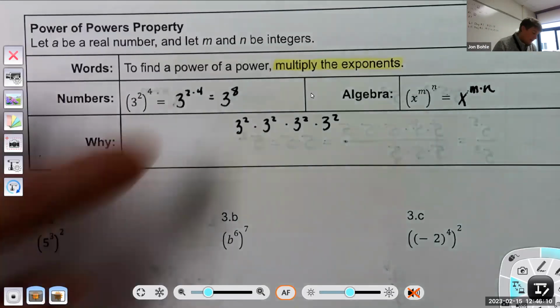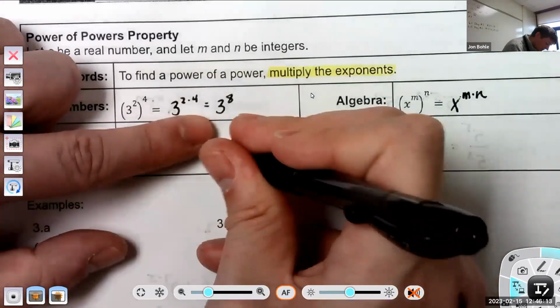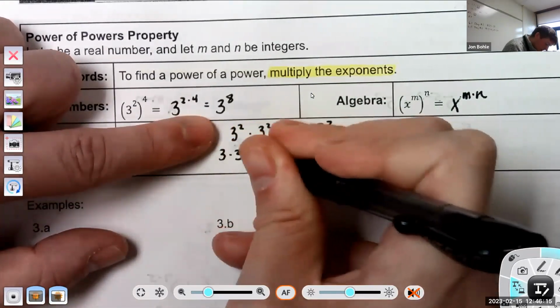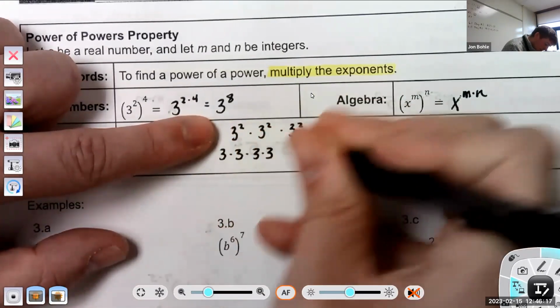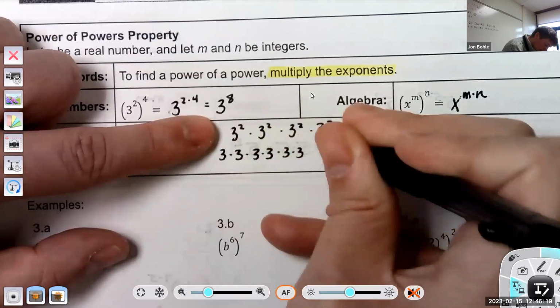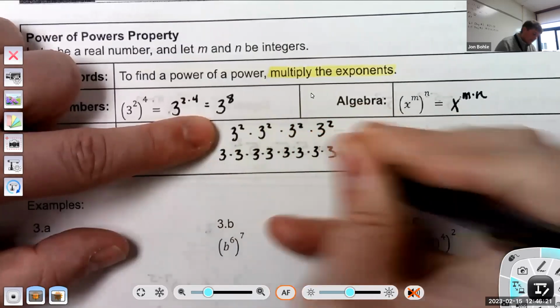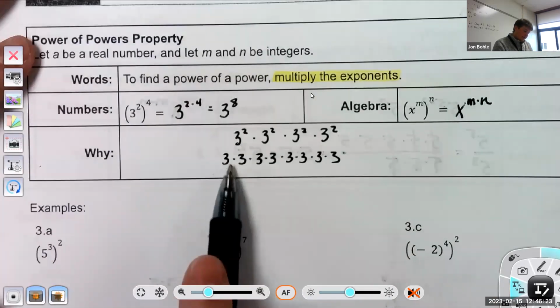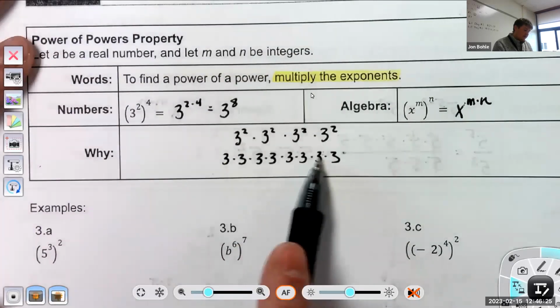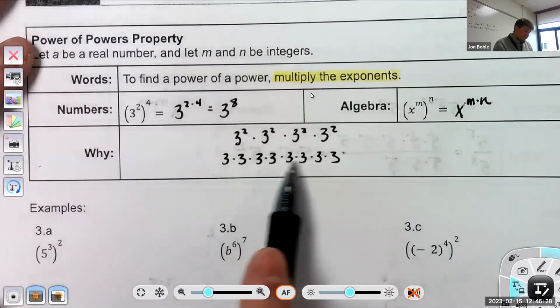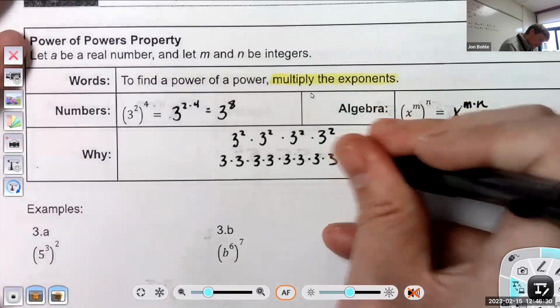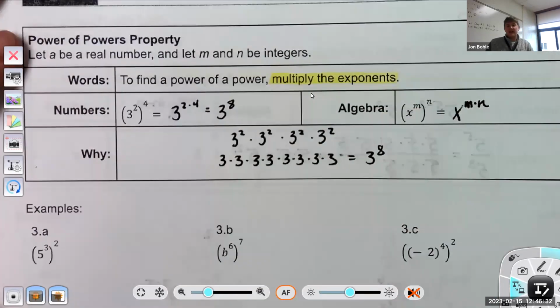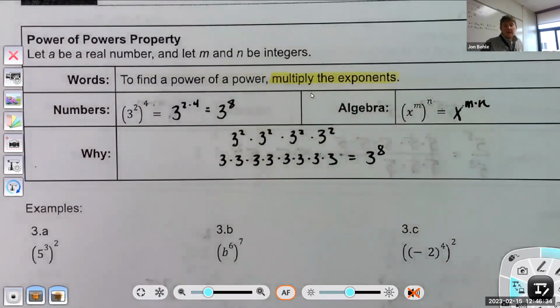So I'm going to break each of these 3 squareds into 3 times 3, 3 times 3, 3 times 3, 3 times 3. There's 1, 2, 3, 4, 5, 6, 7, 8 of them. There's 8 3s all multiplied by each other, so that's exactly what 3 to the 8th is. And so that is why your rule works.